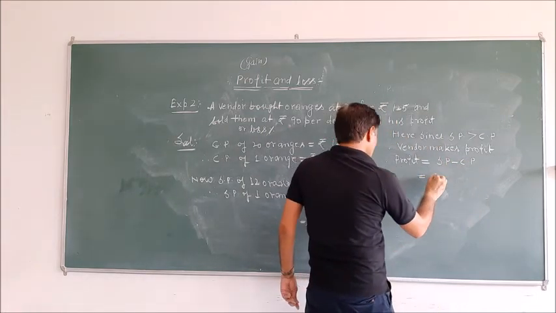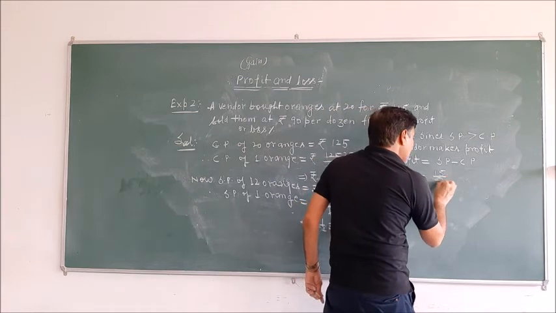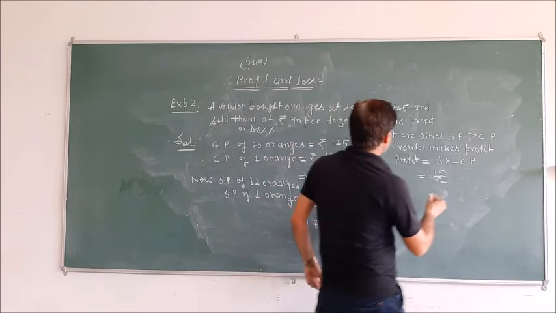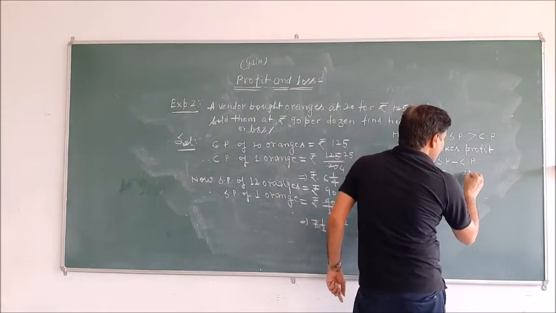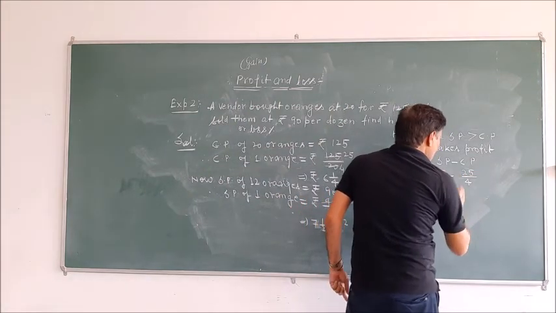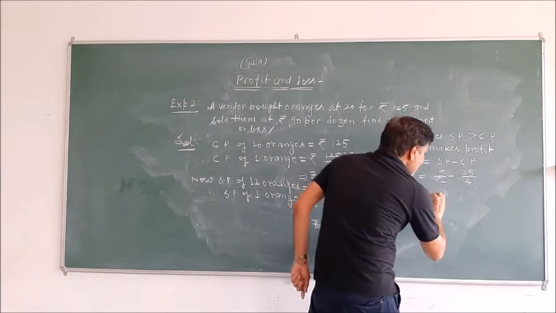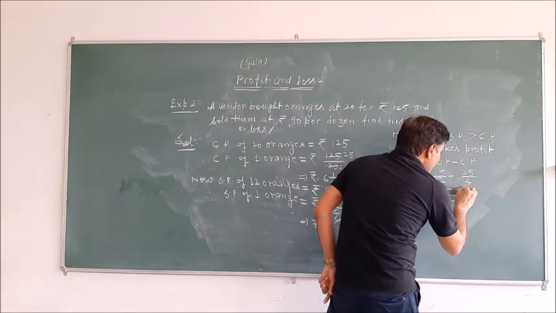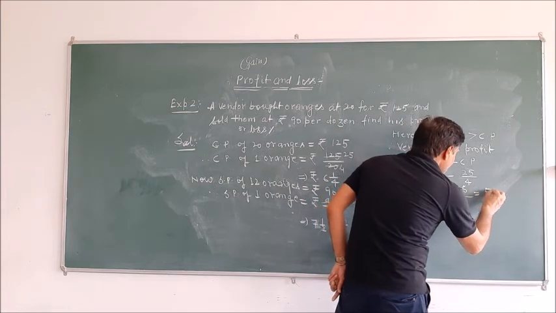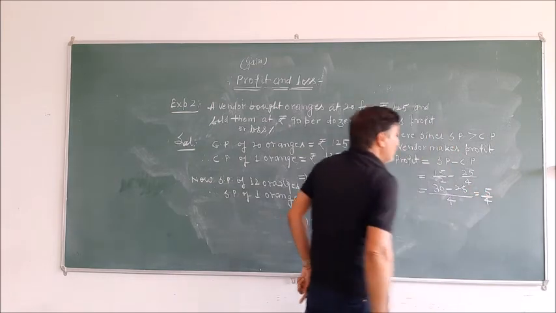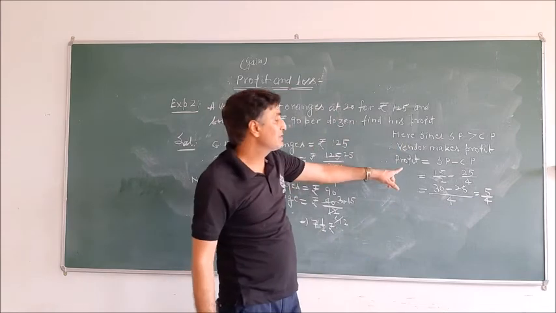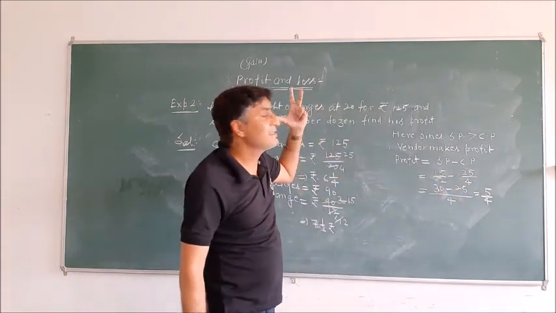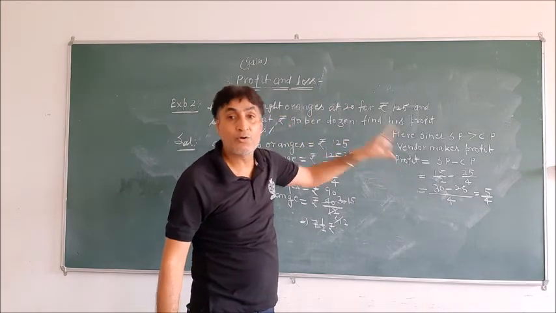Selling price of 1 orange is 15 upon 2, and cost price is 25 upon 4. LCM becomes 4, this becomes 30 minus 25, and that becomes 5 upon 4. So this is the profit made by the vendor in purchasing and selling 1 orange.